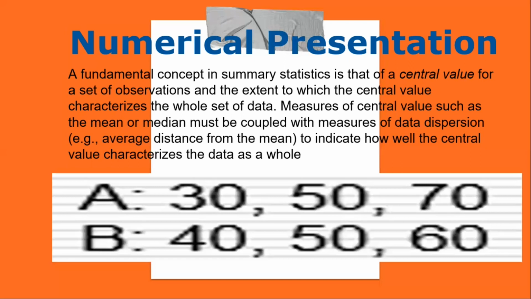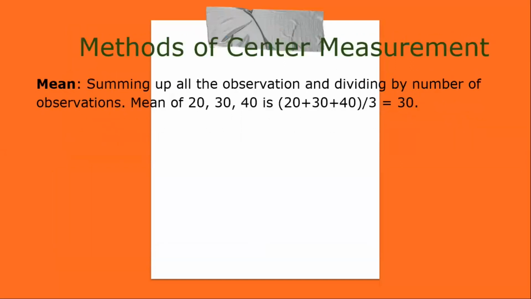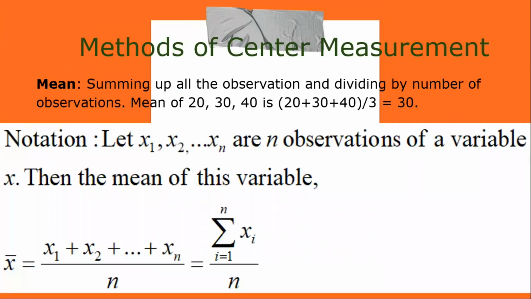Mean: summing up all the observations and dividing by the number of observations. Mean of 20, 30, 40 is 20 plus 30 plus 40, divided by 3, which equals 30. Let x1, x2, ..., xn be n observations of a variable x.